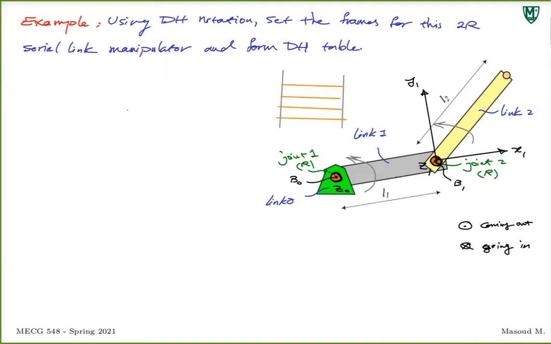Think about it in three dimensions, coming out of and going into the screen, there are infinite lines. Among all the possible lines you can draw from Z0 to Z1, we draw the one that is collinear with link 1. Okay, I understand.